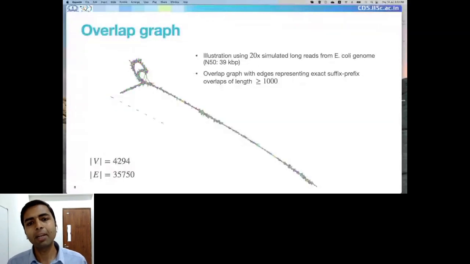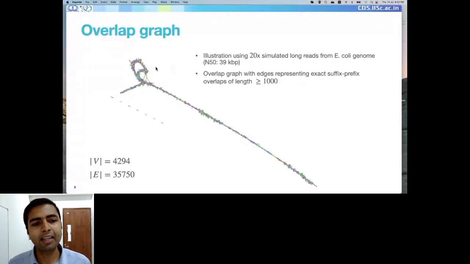Now, this is the same graph drawn for our simulated reads extracted from the E. coli genome. So this is an illustration using 20x simulated long reads from the E. coli genome. The N50 here for the simulated reads is 39 kilobases. The overlap graph is drawn with edges representing suffix-prefix overlaps of length greater than or equal to 1000.